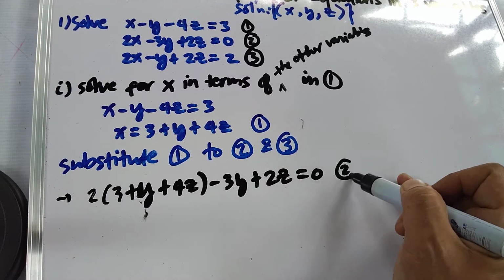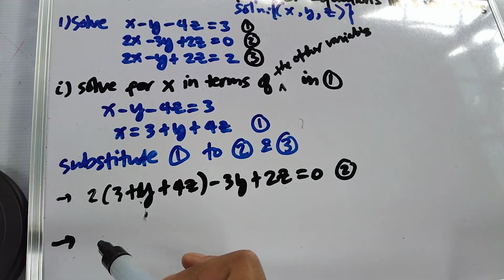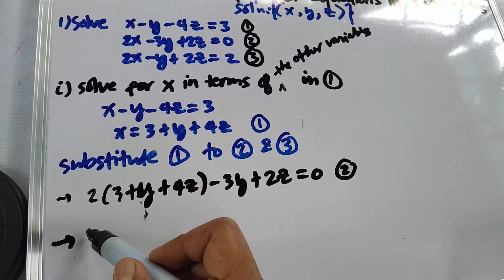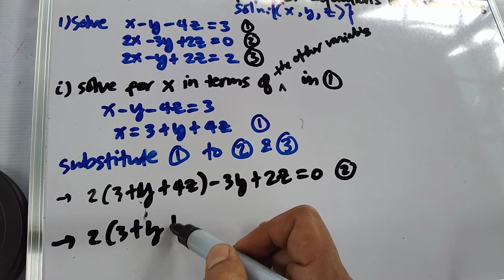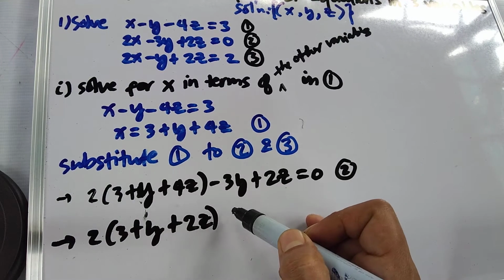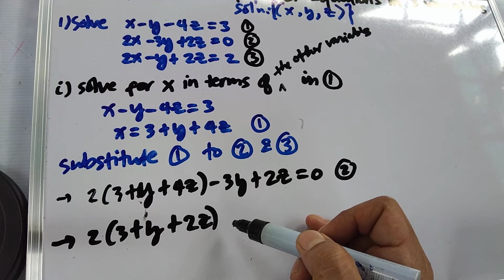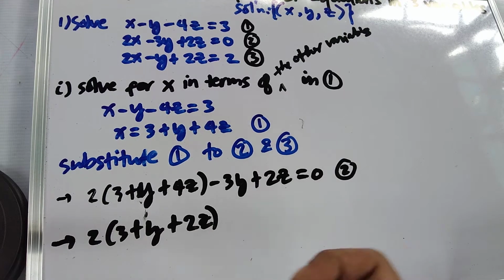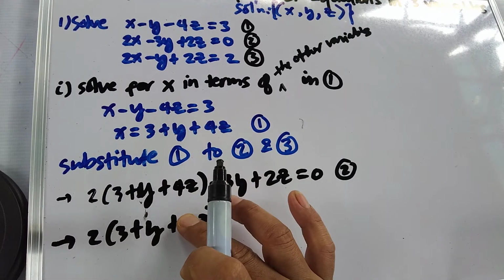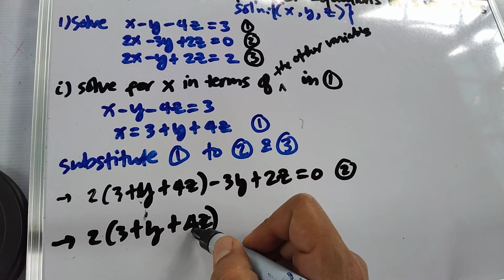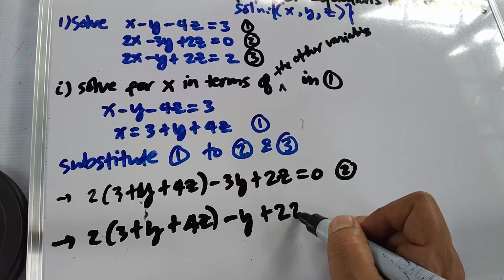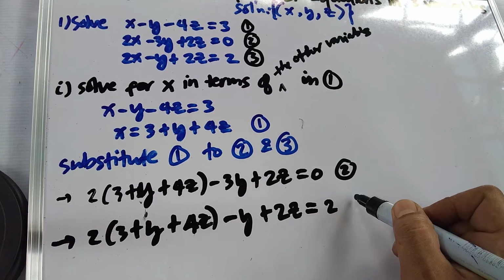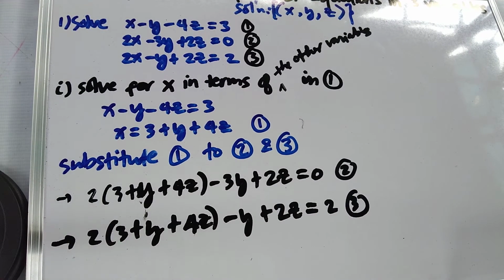That is equation 2. For equation 3, 2 times 3 plus y plus 4z minus y plus 2z is equal to 2. That is equation number 3.